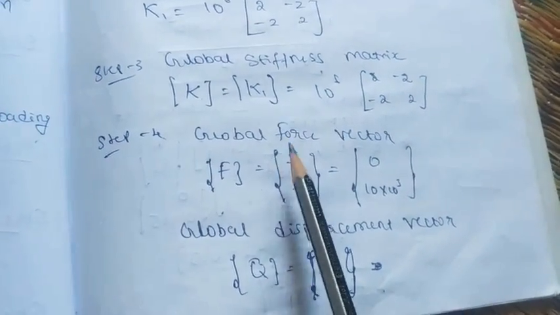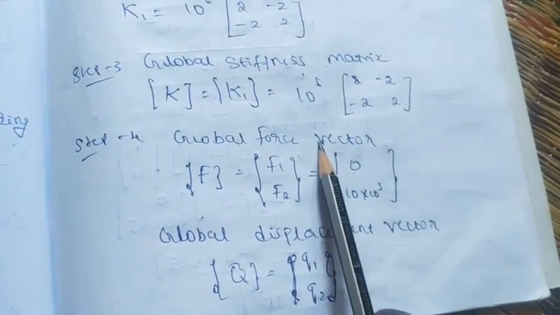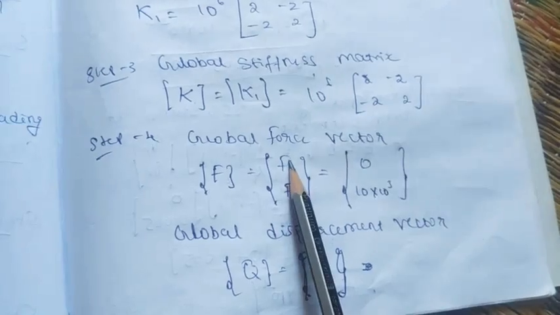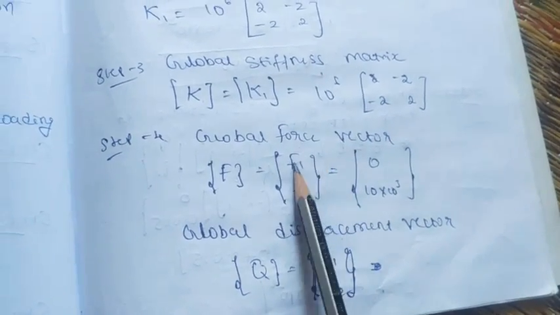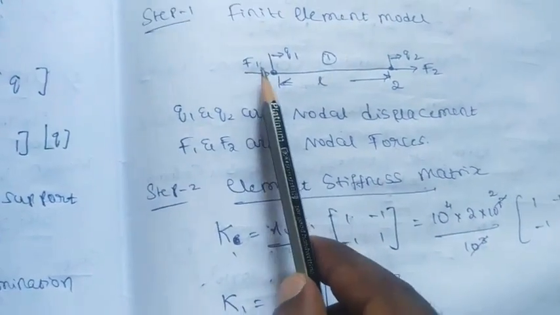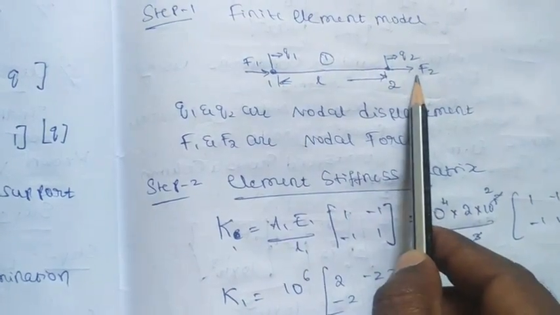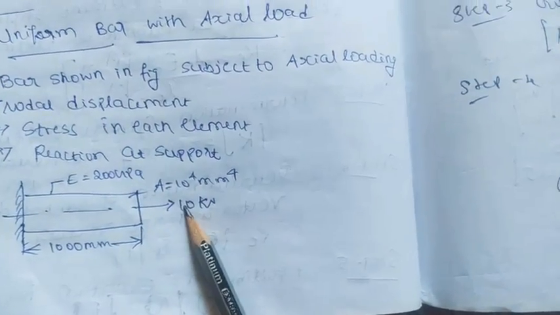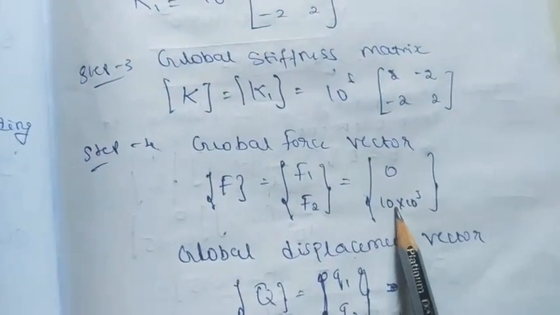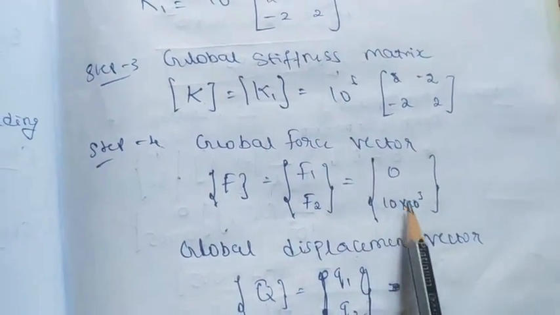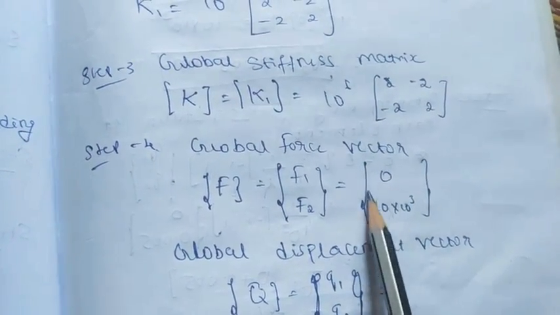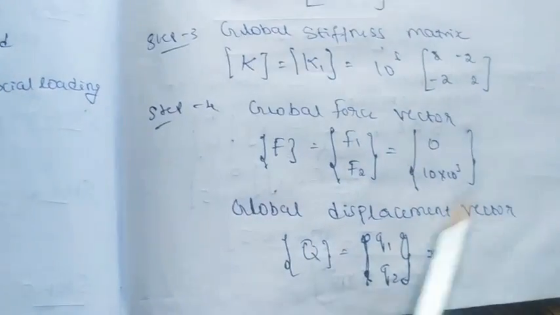Therefore, the global force vector as well as the displacement vector are column matrices. What is F1 acting? Here F1 is 0, but F2 is given in the problem, nothing but 10 kilonewton, converted into Newton, so it is 0 and 10 into 10 power 3. We write it in curly brackets.